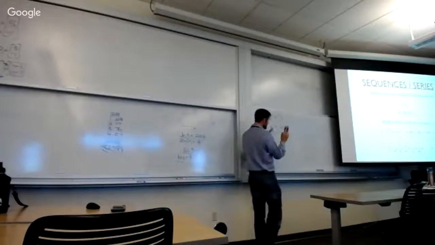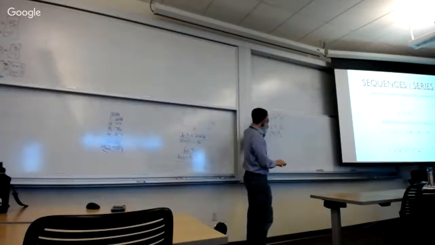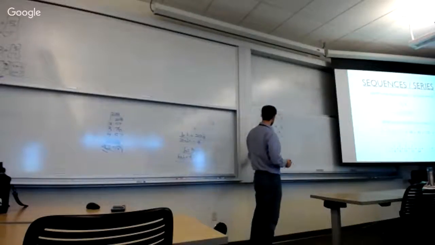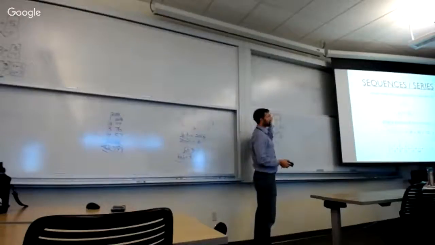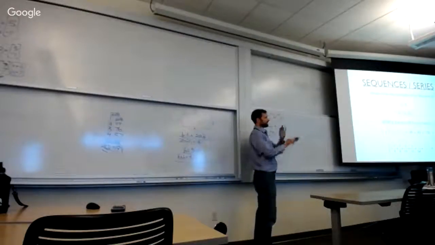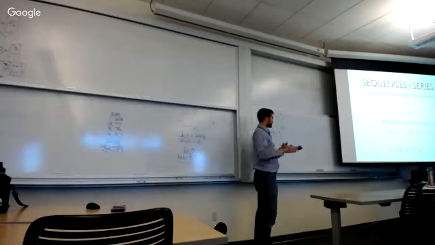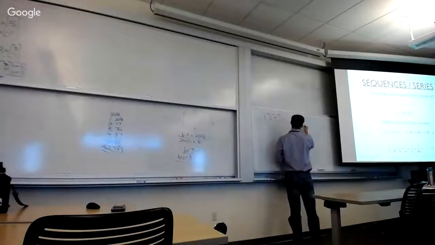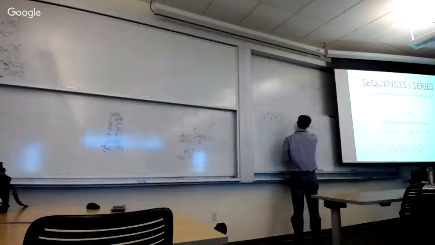Typically, at least in this class, we're talking about where you're doing the exact same thing every time. And even more specifically, it's either multiplication or addition. That doesn't mean we're not talking about division and subtraction. If I had the pattern 5, 10, 15, 20, that would be me adding 5 each time.